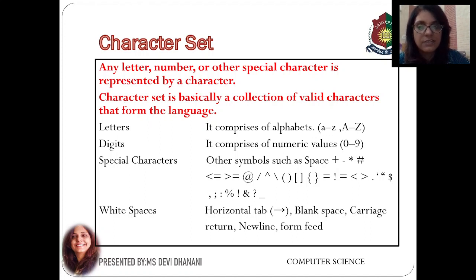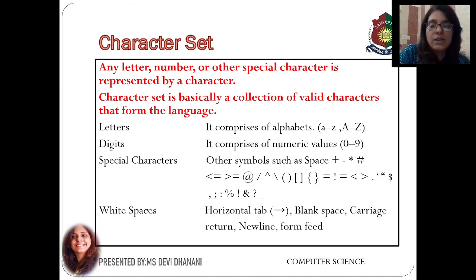These characters can be letters, that is alphabets, uppercase as well as lowercase, starting from A to Z. Then it can contain digits, that is numeric values, starting from 0 to 9, any of these digits. Then special characters are also included in the character set, and the other characters, for example the tab, the blank space, the carriage return, the new line, all these make up the character set of Python.